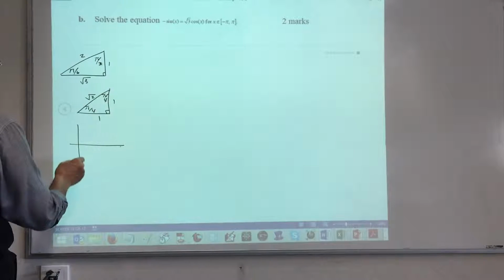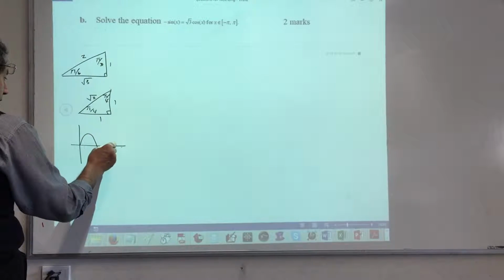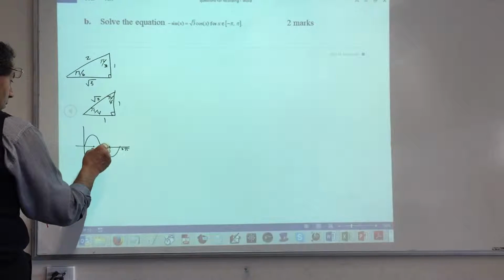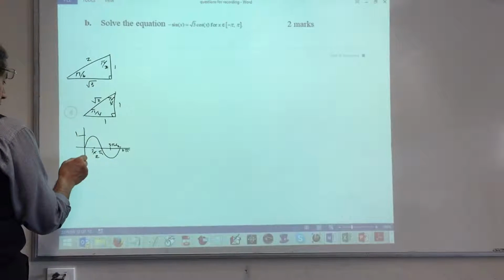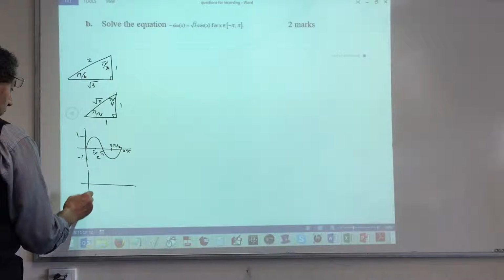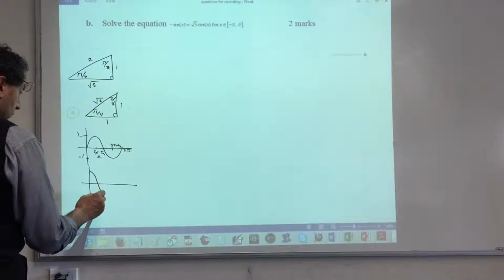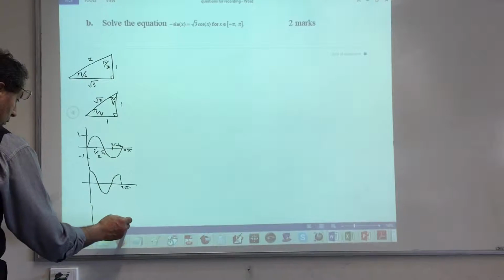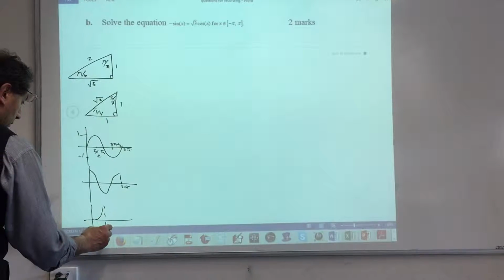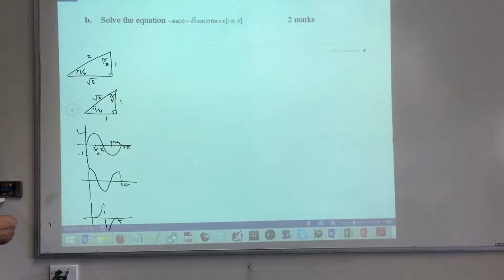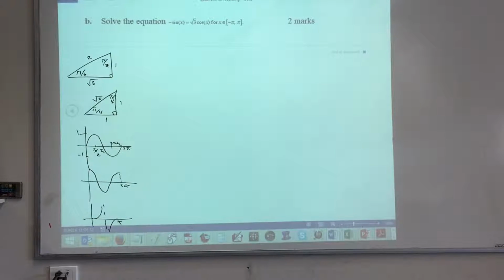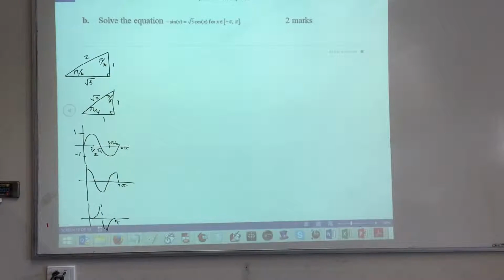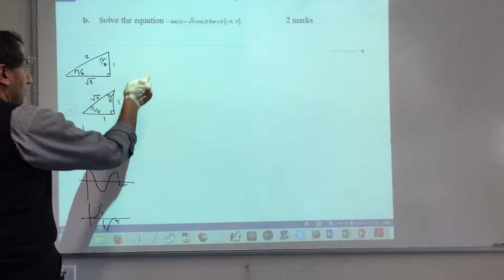Third, basic shapes of sine, cos, and tan. An alternative also to remember the values of sine, cos, tan at 0, pi, 2 pi, 3 pi, is using the unit circle.